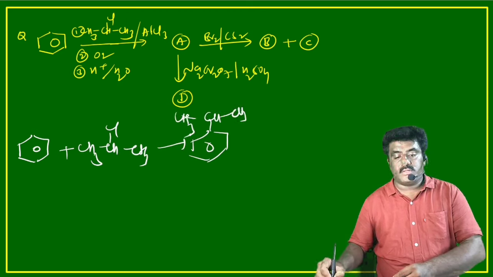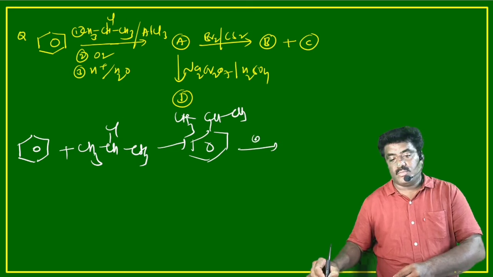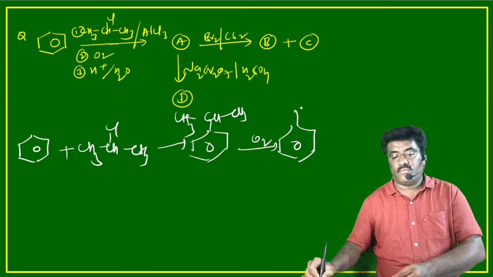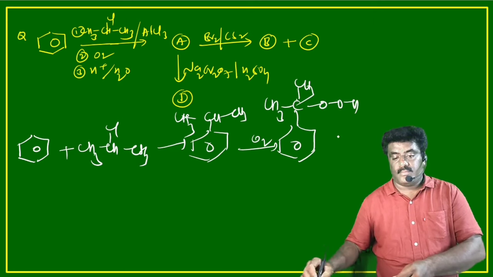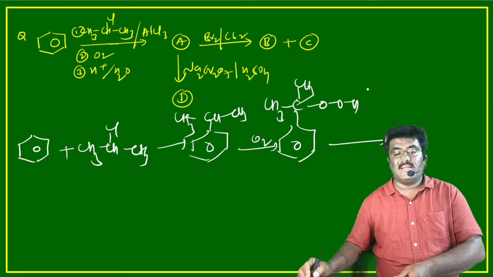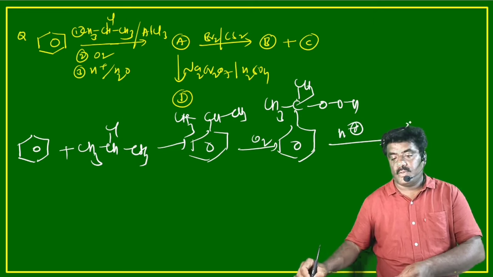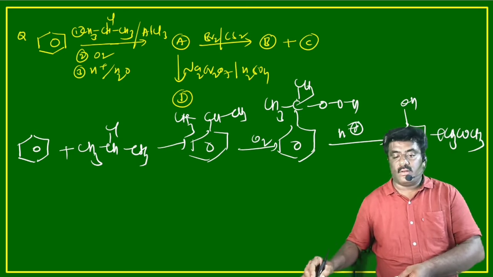Isopropyl benzene in presence of oxidation forms cumene hydroperoxide, C, OOH, CH3. Again, it is treated with H plus. What does it form? Phenol and acetone.